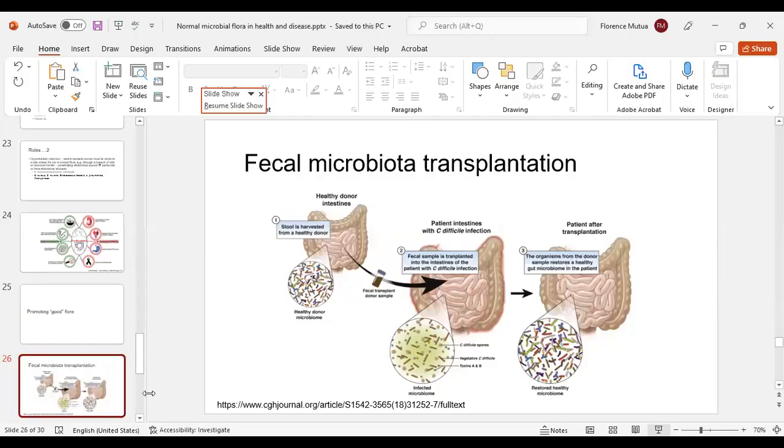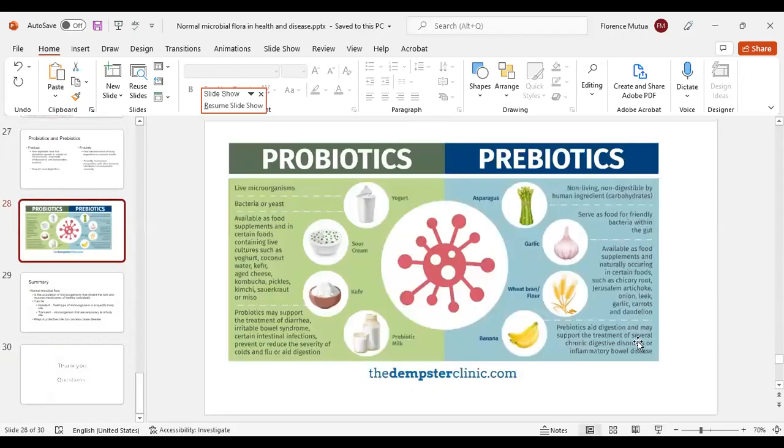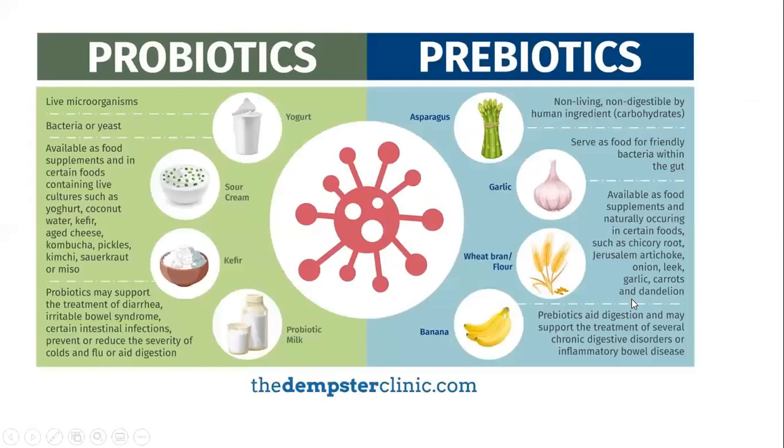So this may remind you which is which. With the probiotics, they're live organisms. They could be bacteria or yeast. They're found in several types of foods that contain live cultures: yogurt, kefir, coconut water, cheese, kombucha, which I think has become quite popular, kimchi as well.